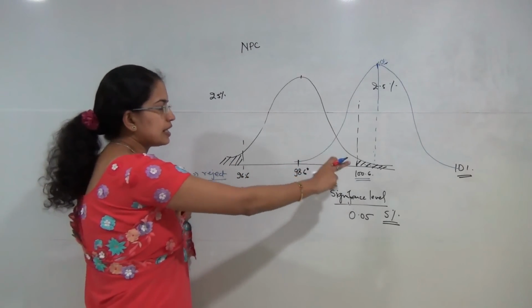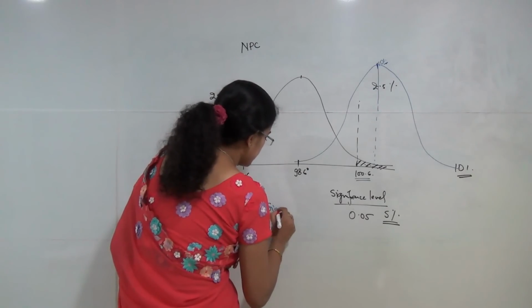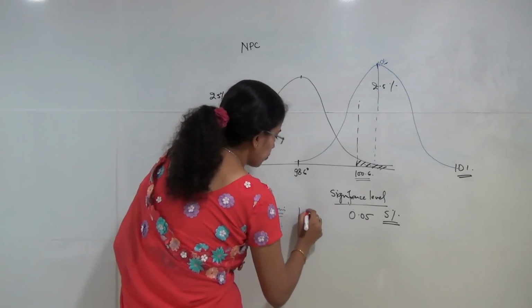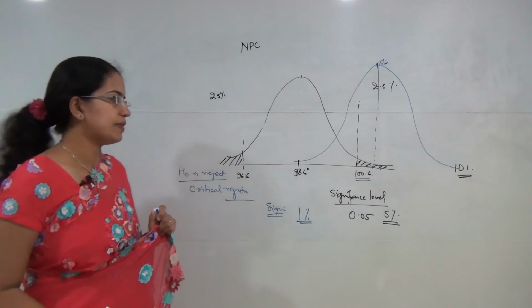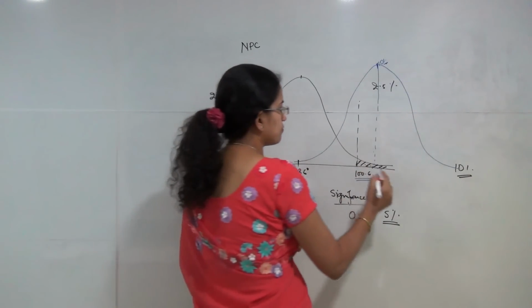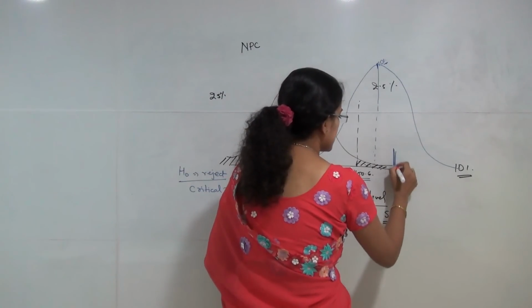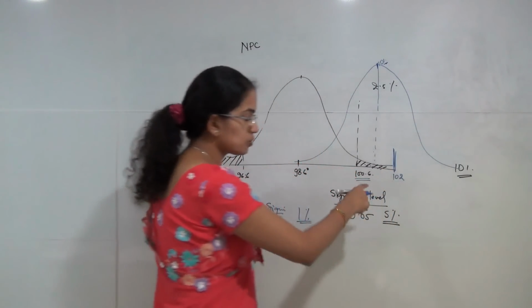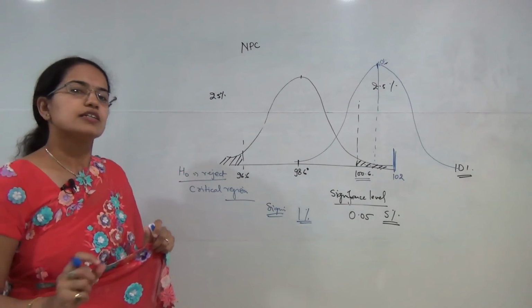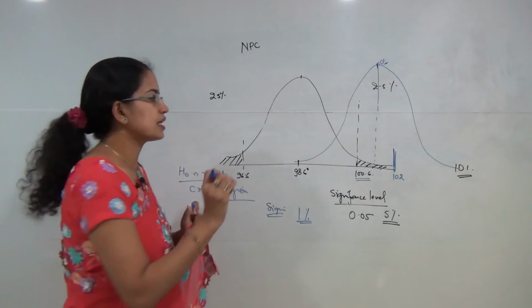Now in the other case, I change my significance value and bring it to 1%. What would happen then? Let's say I would accept all the values up to 102 as normal, or as something that could exist in the given situation.